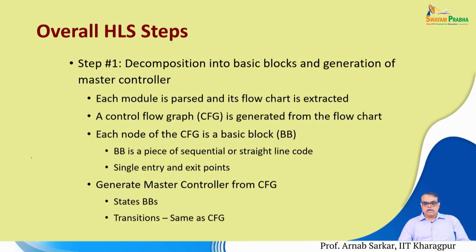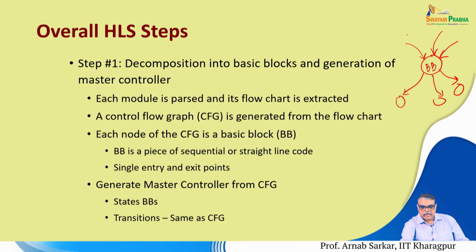Essentially, what will the master controller tell me? The master controller will tell me that control will come from these places into a certain basic block, and then control will go from a given node to some other nodes.